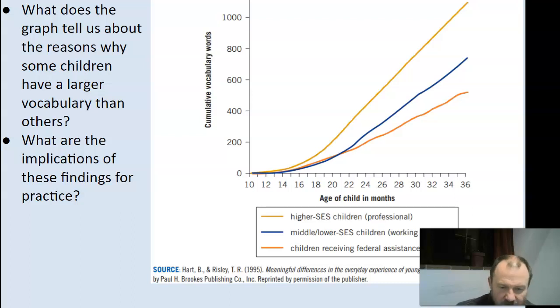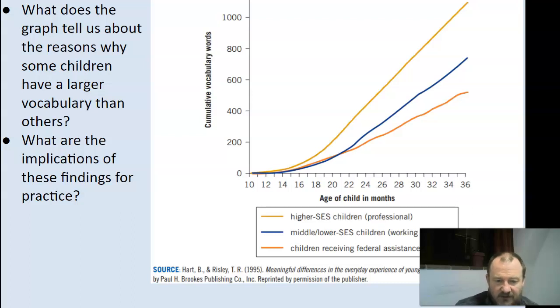But those children who are considered working class, I put that in inverted commas, have more developed vocabulary at an earlier age than those receiving federal assistance.